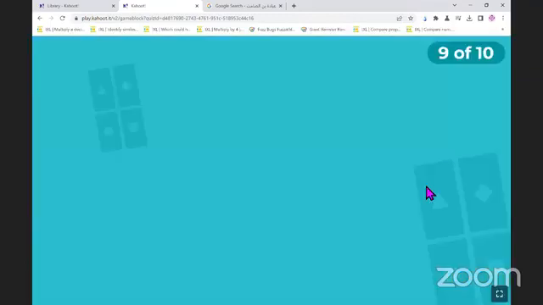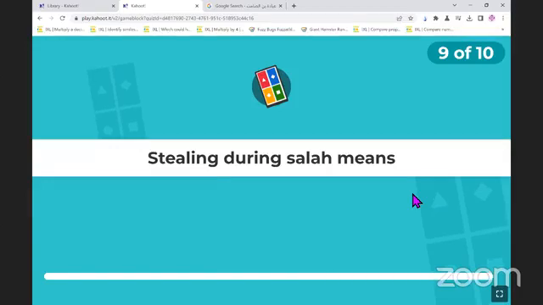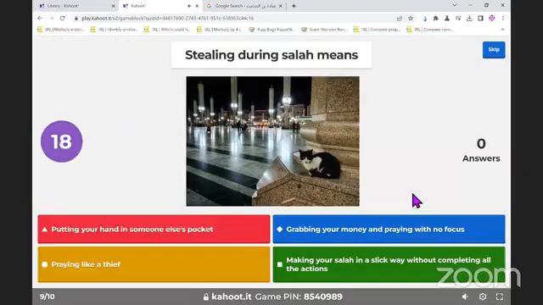Oops, what happened? Stealing during Salah means. Putting your hands in someone else's pocket while praying. Praying like a thief. Grabbing your money and praying with no focus. Making your salah in a slick way without completing all the actions.